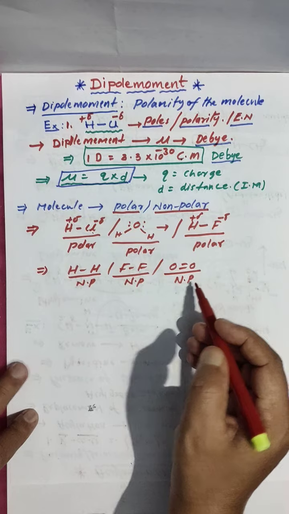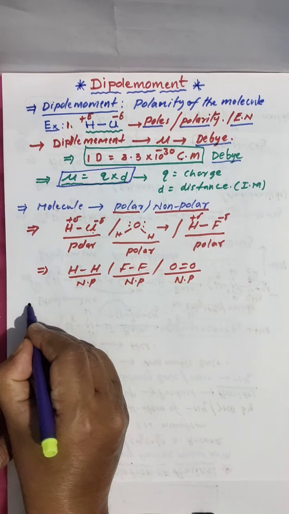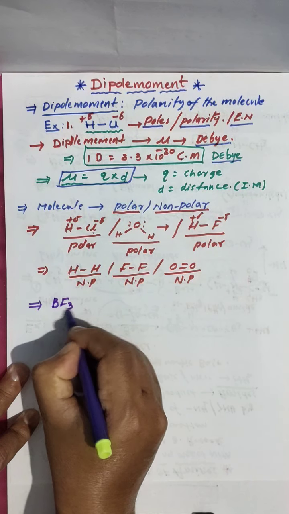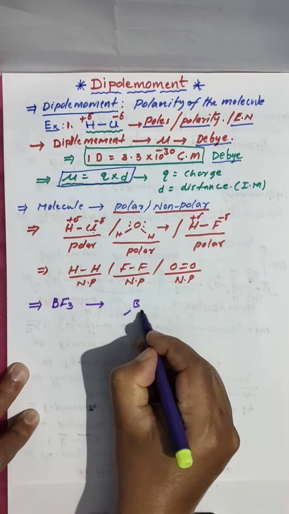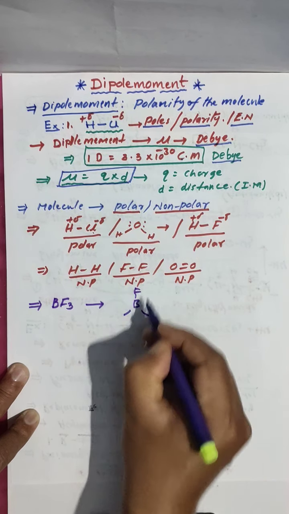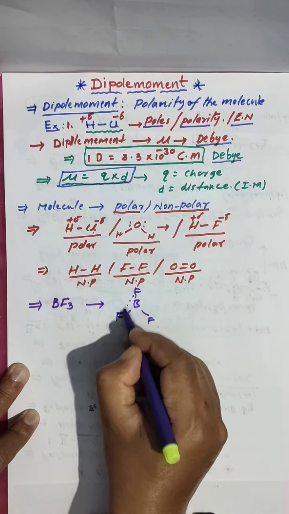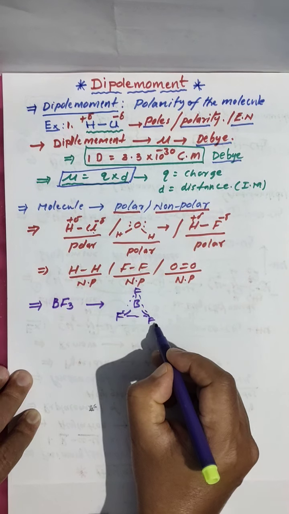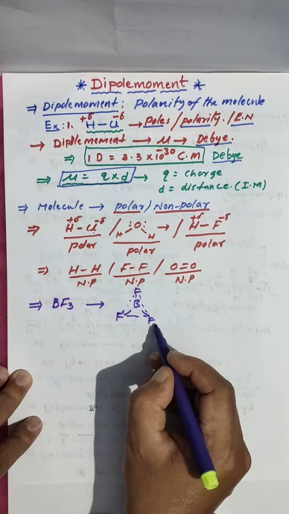Like this we learn. Now I am giving you one question. See here, boron trifluoride, you know very well, has a trigonal planar structure. This is trigonal planar. Fluorine is more electronegative.